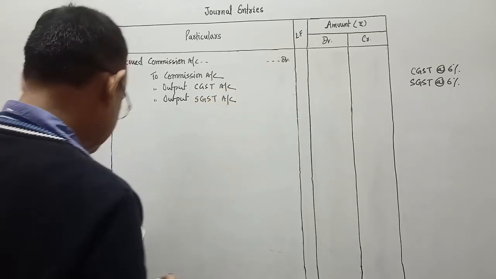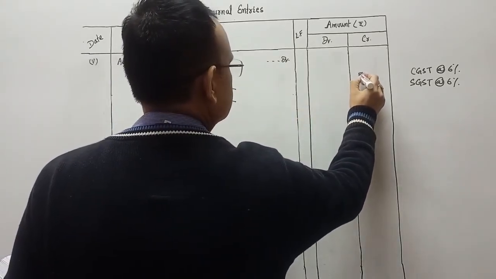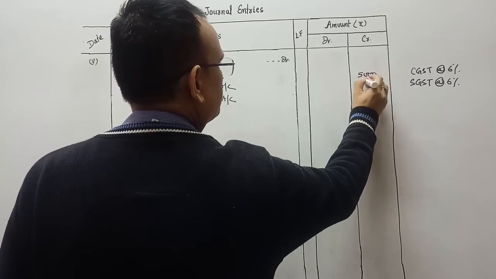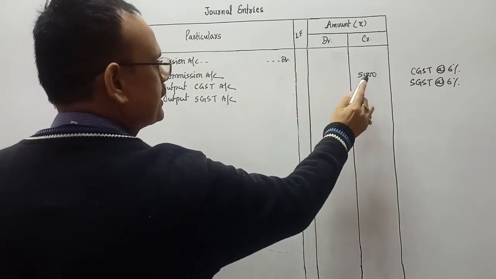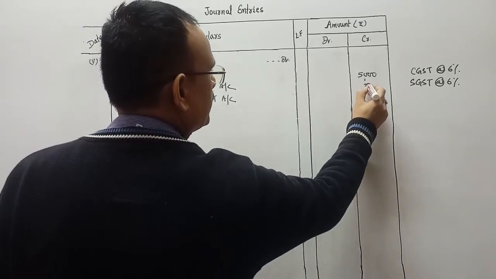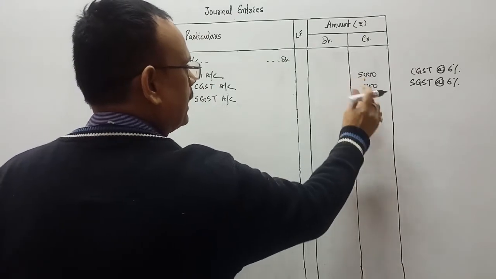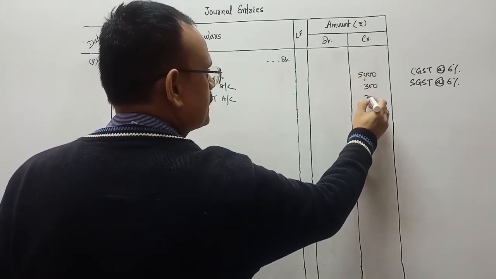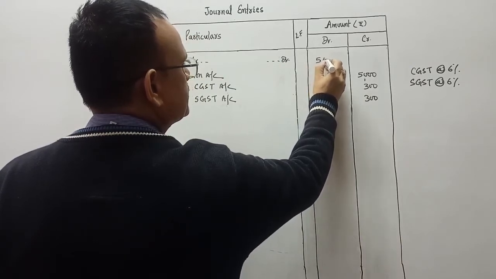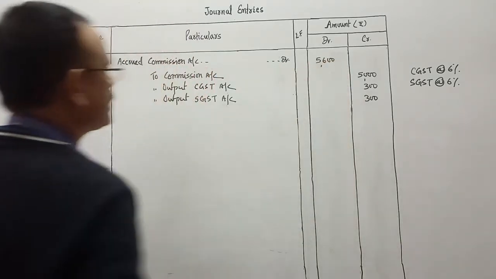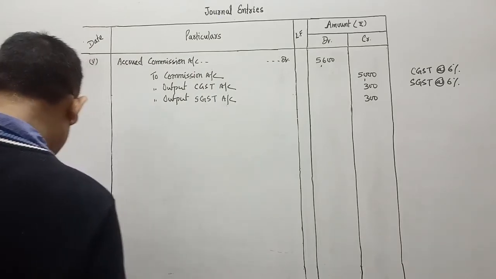Okay, so how much is the commission? Commission is 5,000. First I am going to write the amount of commission, that is 5,000, and 6% of 5,000 is 300, and again 6% of 5,000 is 300, total is 5,600. In accrued commission, the amount will be debited by 5,600.